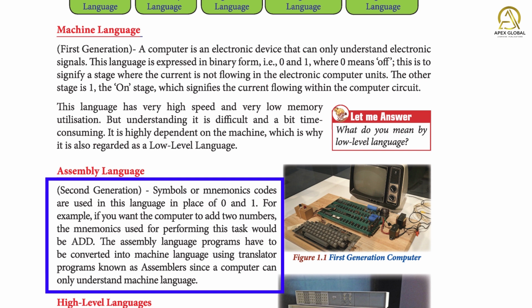Symbols or mnemonic codes are used in this language in place of 0 and 1. For example, if you want the computer to add two numbers, the mnemonic used for performing this task would be ADD. The assembly language programs have to be converted into machine language using translator programs known as assemblers, since the computer can only understand machine language.